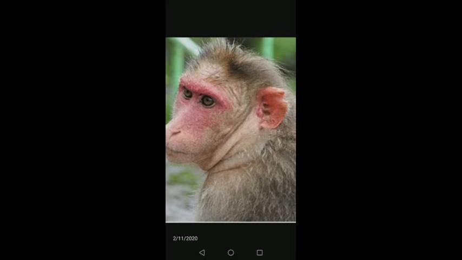Rh factor or Rh antigen is found on the surface of erythrocytes. This Rh factor was discovered by Karl Landsteiner and Alexander Wiener in 1940. In which animal did they find it? In this rhesus monkey, the macaque rhesus, and later they also found it in human beings.